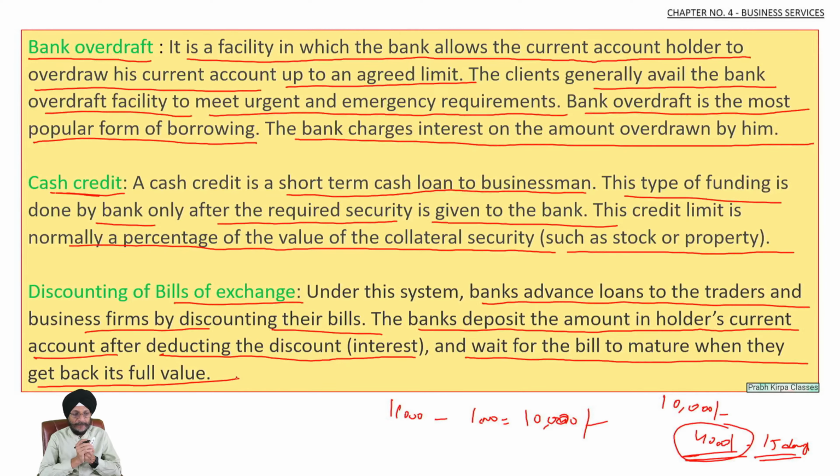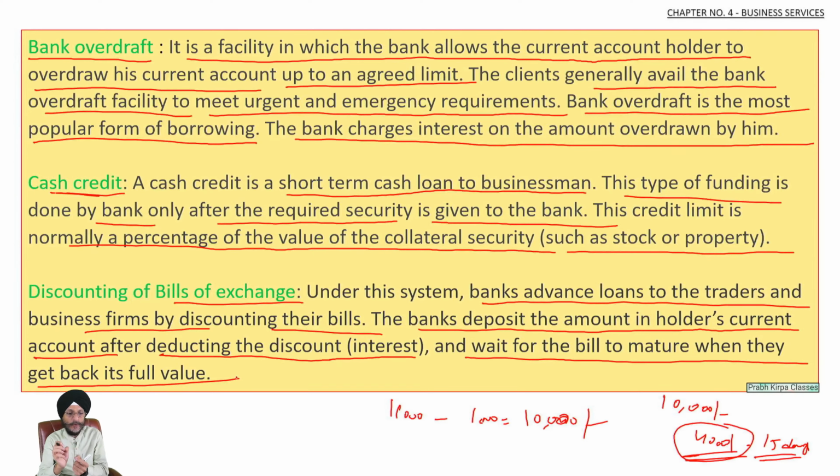It means that if you are to receive a payment from some other person, then the bank will discount your bill. Bank will get your bill and they will make you the payment of the bill. That is, if you are to receive rupees 10,000 from another person, the bank will not give you the full 10,000.